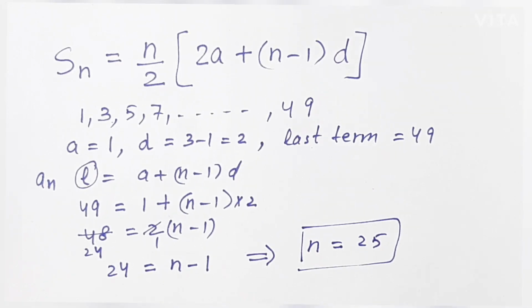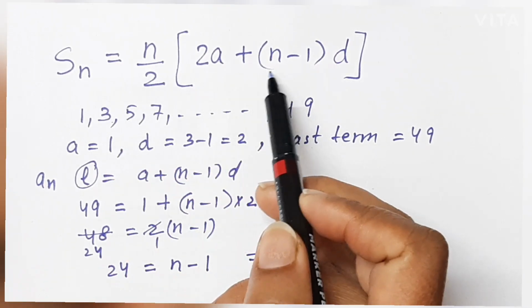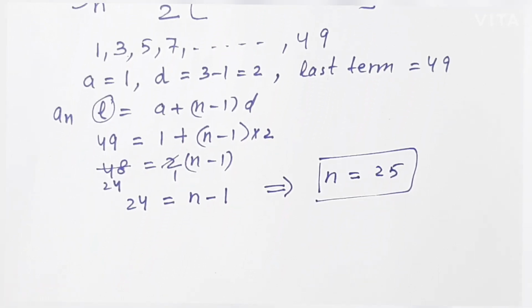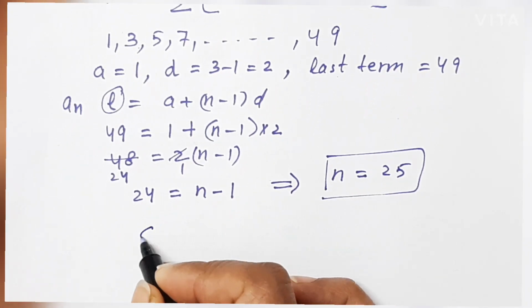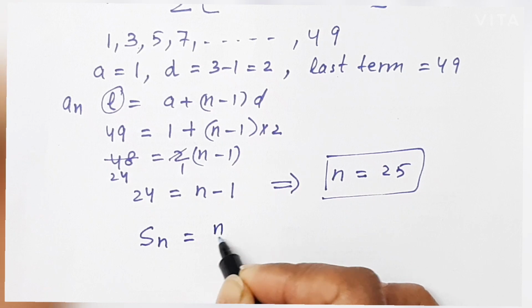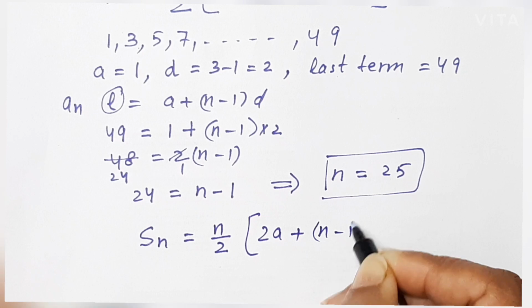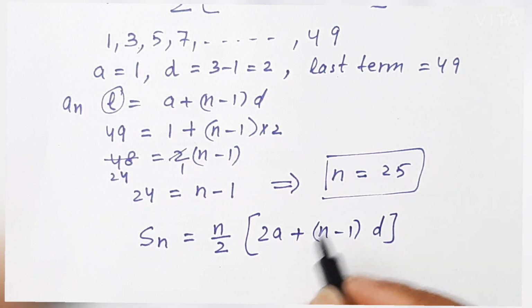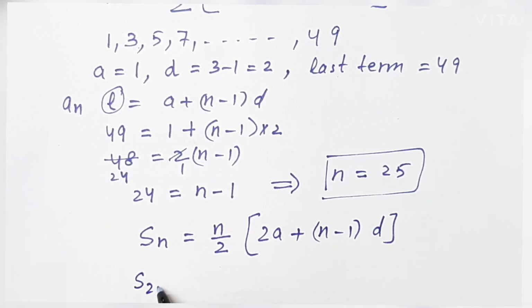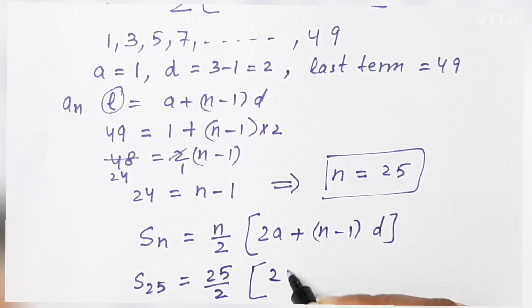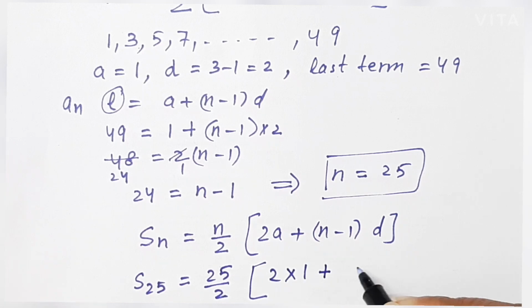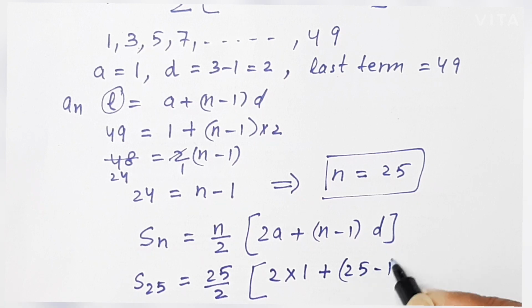Now let us use the formula. So what was the formula here? Let's write the formula again. That is Sn is equal to n upon 2 into 2a plus n minus 1 d. Now let's put the values here. S25 is equal to 25 upon 2, then 2 into 1 plus 25 minus 1 and the value of d is 2.